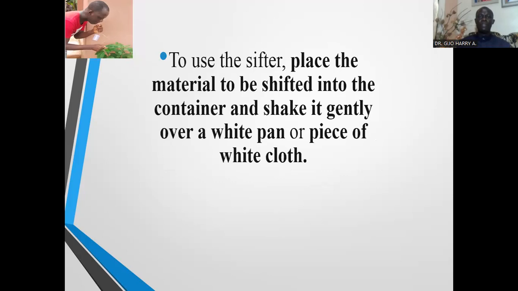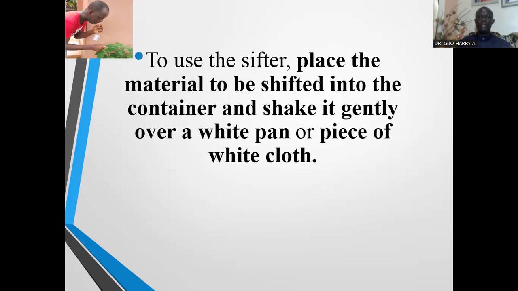Now, how is the sifter being used? To use the sifter or sieve, place the material to be sifted into the container and shake it gently over a white pan or piece of white cloth. The insects fall into the white pan or white cloth.